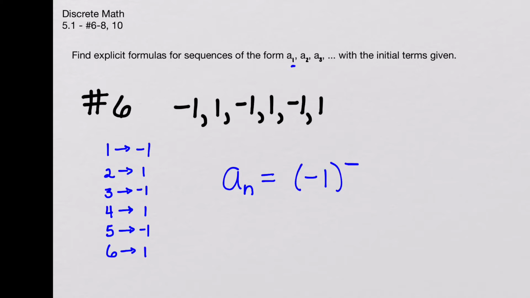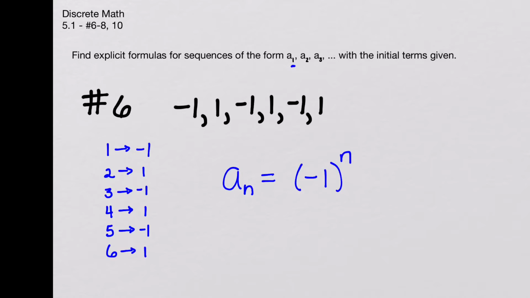And now the question is, what should the power be? Since we have odd numbers mapping to a negative value of 1 and even numbers mapping to a positive value, I can just make the exponent equal to n.